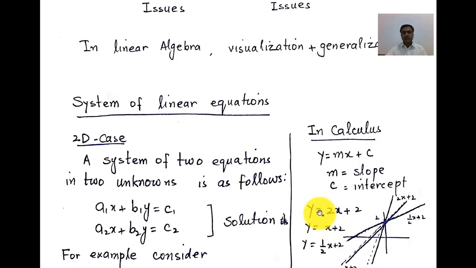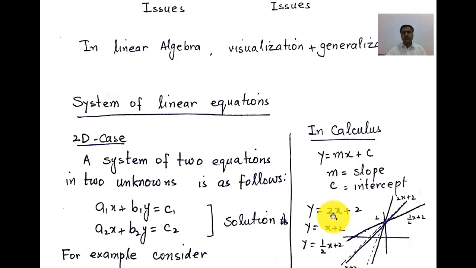So if I take these three equations as y equal to 2x plus 2, y equal to x plus 2 and y equal to half x plus 2, then their graphs can be described as follows. In this first equation, the slope is 2, the intercept is 2, hence the graph intersects the y-axis at the point 2 and it has slope 2.